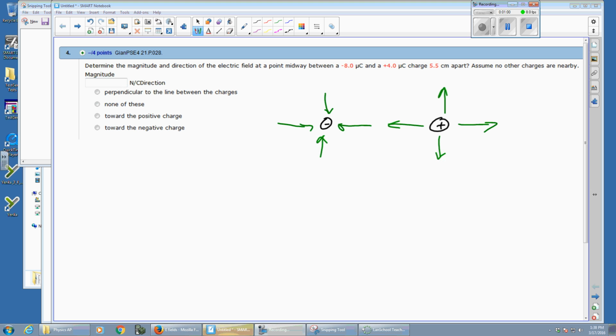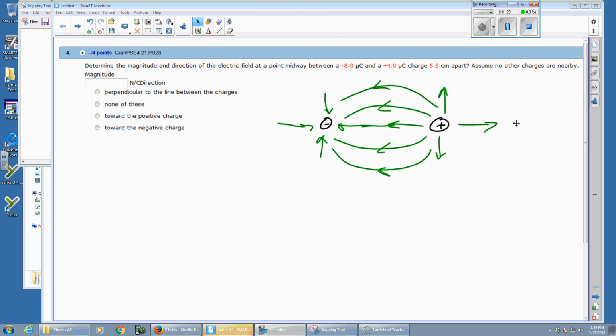So what that's going to do is make these longer field lines curl in like this to form continuous lines. And we're looking at the magnitude and direction of the electric field at a point midway between these two.